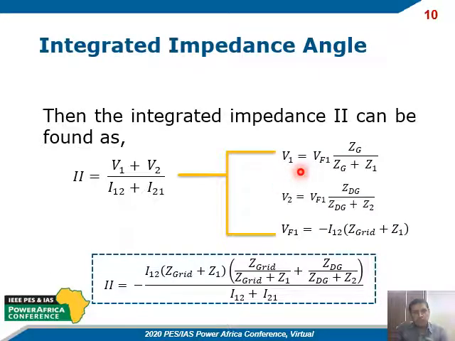Now, by substituting the previous equations into the general equation of integrated impedance, the integrated impedance for the previous system can be calculated. The angle of this impedance is the integrated impedance angle.